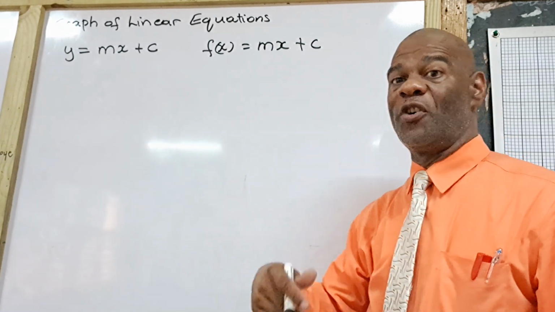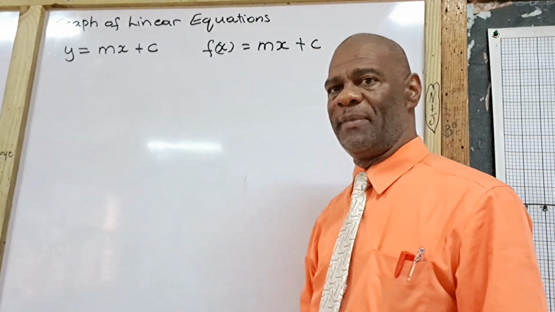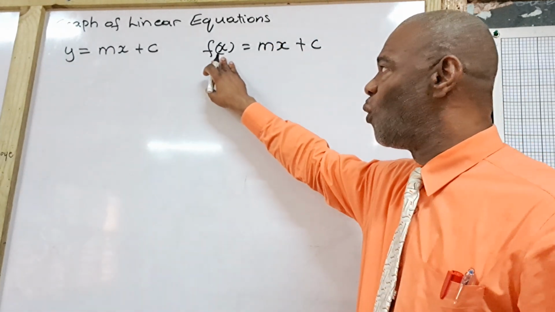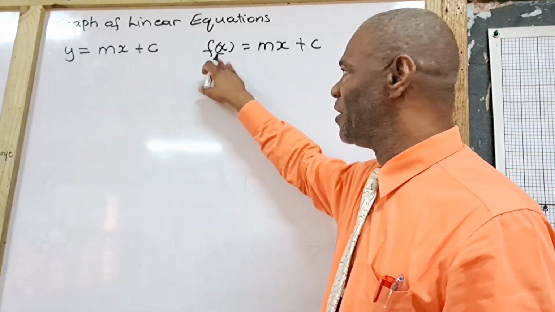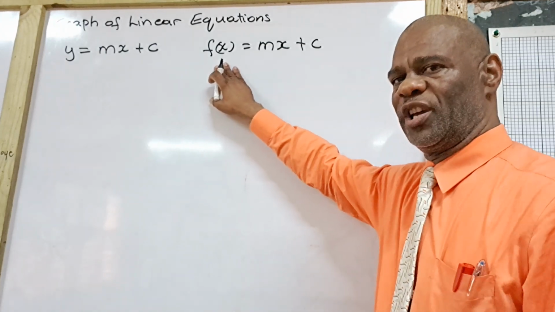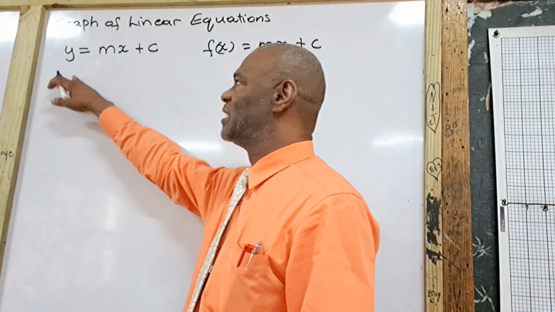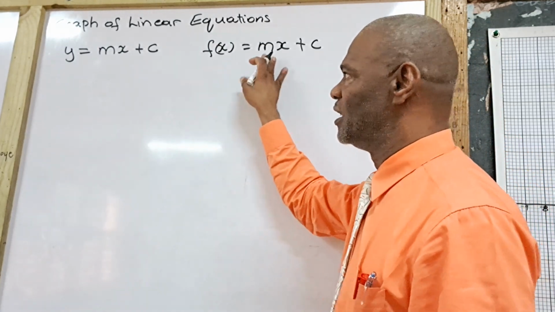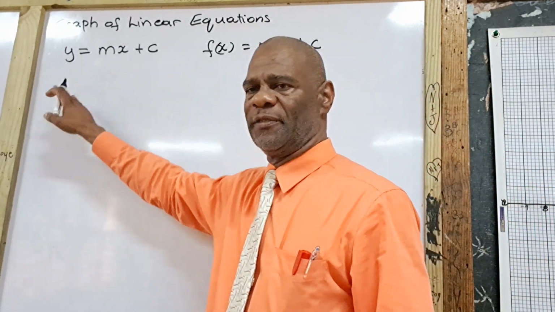If you hear f of x equals mx plus c, it means the same thing. We simply replace y with the function of x. So if you see this equation, it means the same as that one.